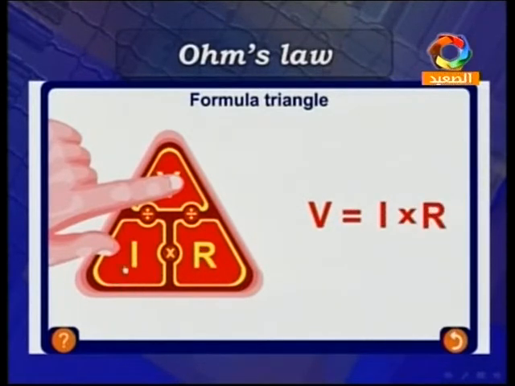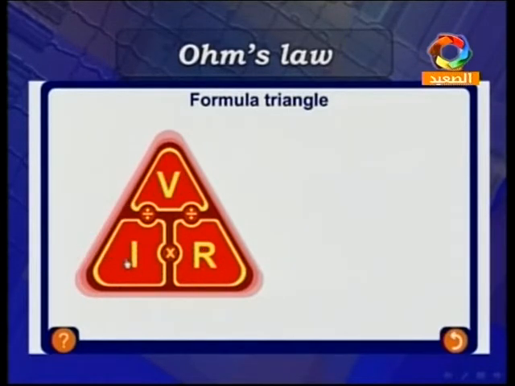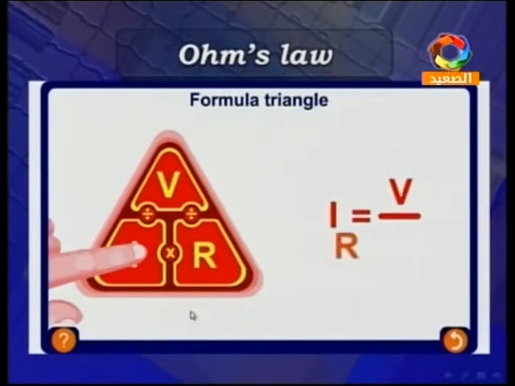Why? Because here we have the I and R on one line in this triangle, below V. If I need to calculate I, hide the I with your hand, and we have V divide R. This is V in the upper part of the triangle, and we have R. Concentrate very well here, because if you replace any symbol with another one, it is completely wrong.